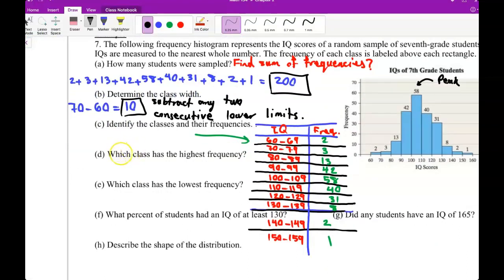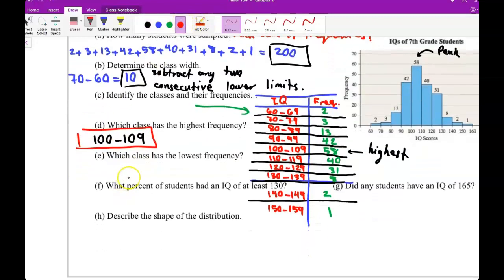Since it's asking which class, our class is 100 to 109, which is this one. So that's the answer for this part. Part E, which class has the lowest frequency? The lowest frequency is this one here. That is 150 to 159.